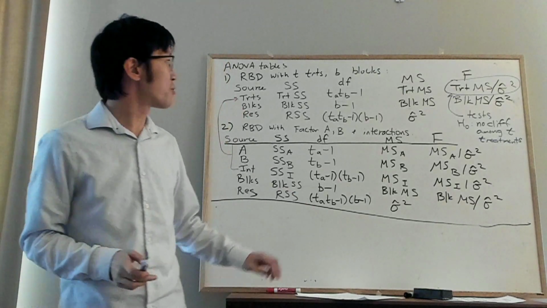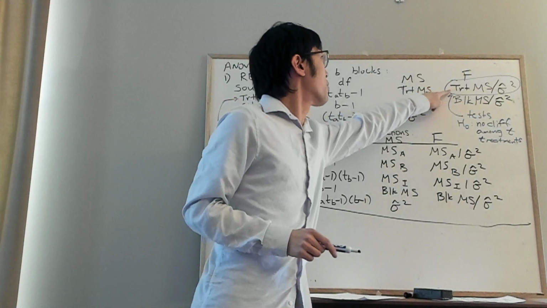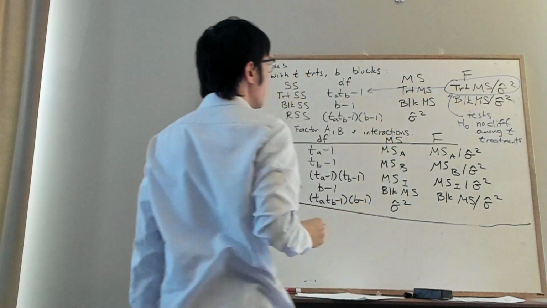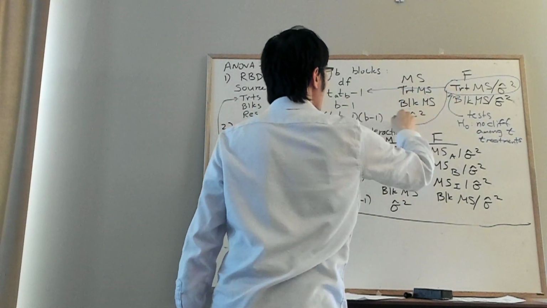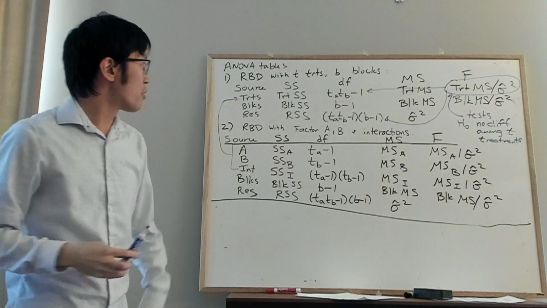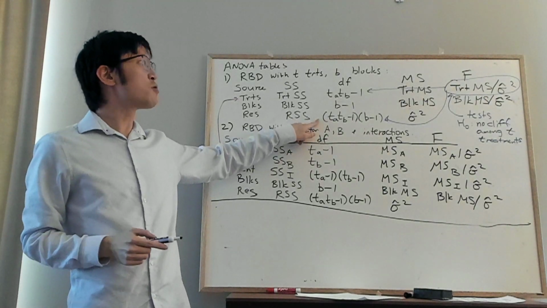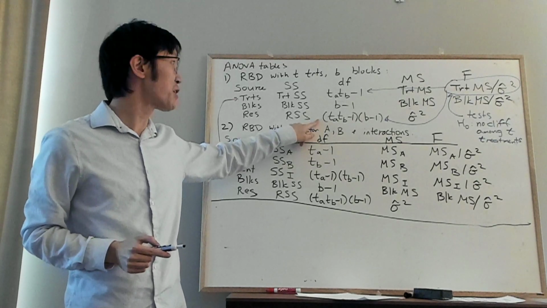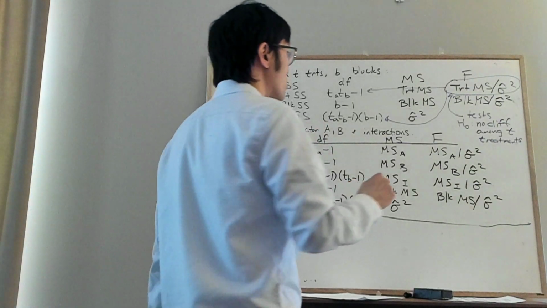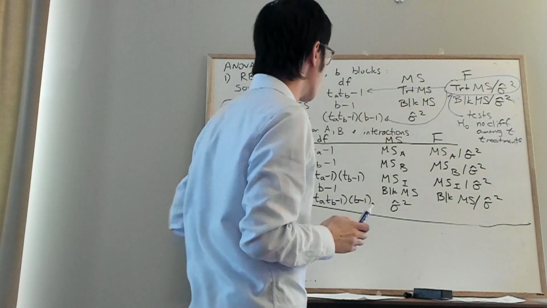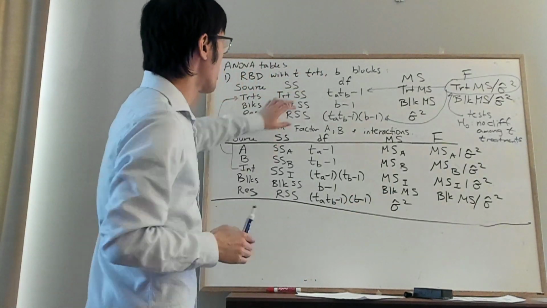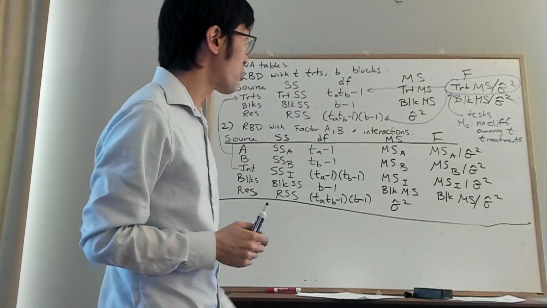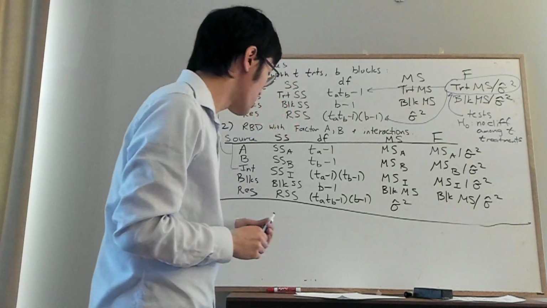We follow the pattern. For this row of the ANOVA, you're taking the F distribution with this numerator degrees of freedom and then this denominator degrees of freedom. Easy to remember: the residual degrees of freedom is always the denominator degrees of freedom in your F test. So these are the 2 degrees of freedom that we need for the F distribution for testing the hypothesis of no difference among treatments.